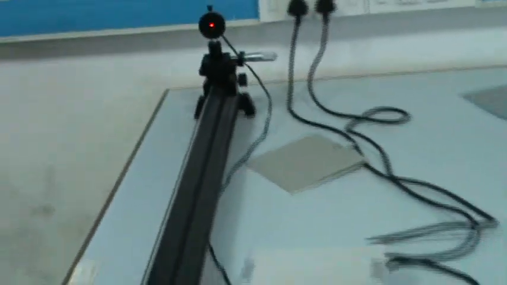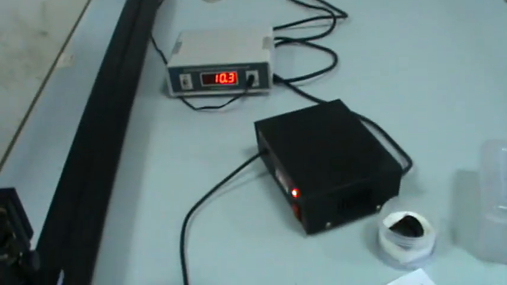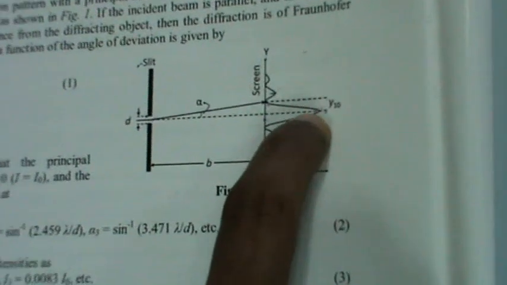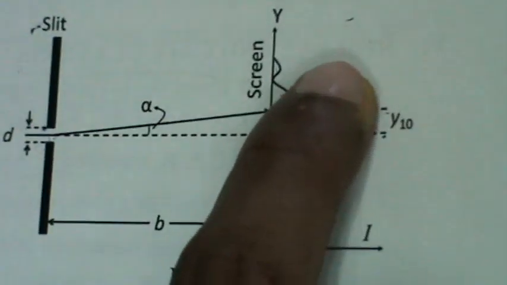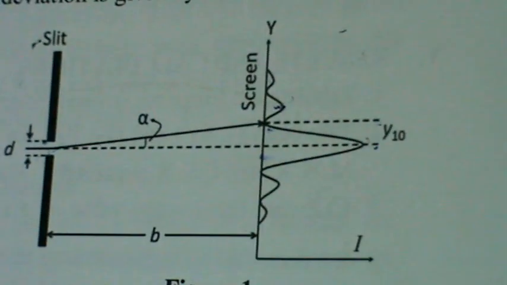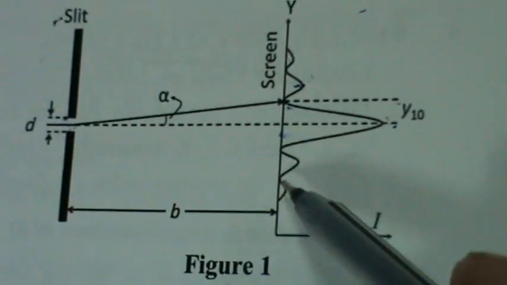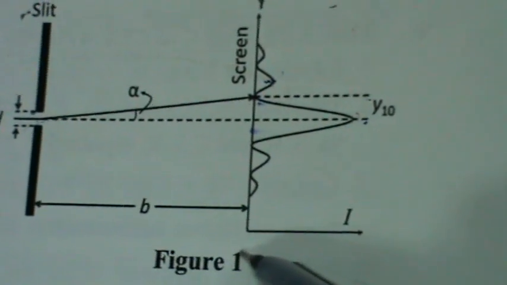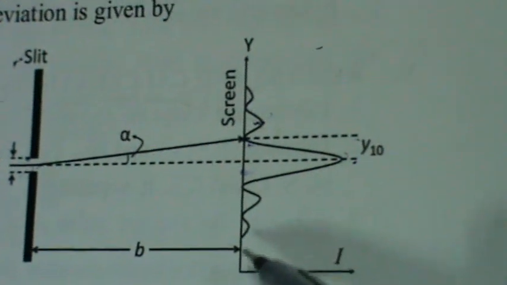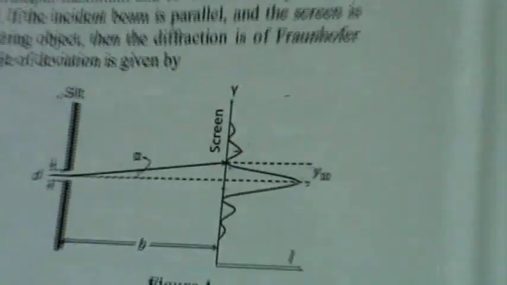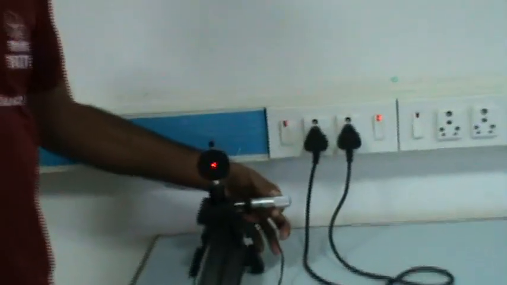Now what we need to do is go in both ways. You look at this diagram. From the central maximum, one needs to find the position of 3 secondary maxima in this direction, and also 3 secondary maxima over here. This photo detector screen is attached to a micrometer screw, so the position can be adjusted.